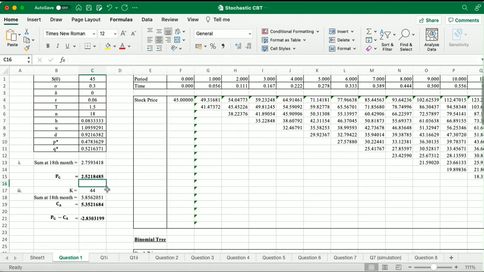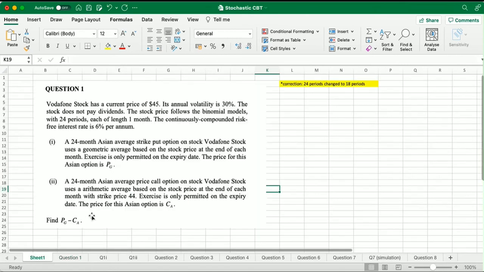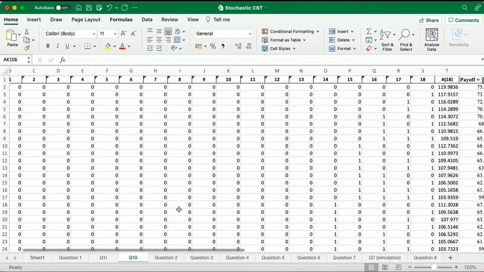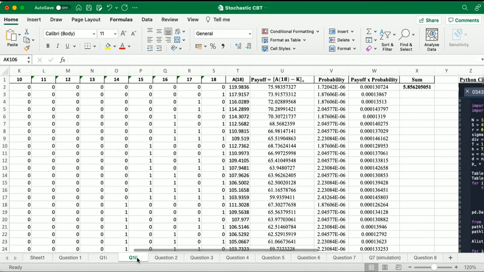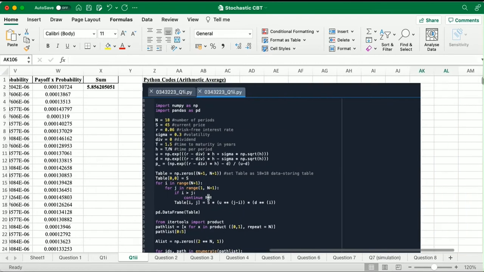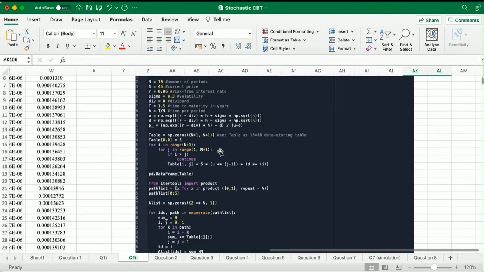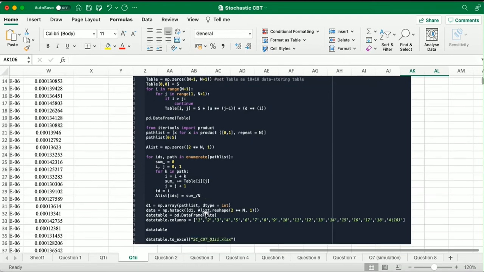And then for the second sub-question, it is an Asian average price call with a strike price of 44 using an arithmetic average. For the arithmetic average, the output from Python is copy-pasted into a new Excel sheet. The code is here. It's similar to the code for the geometric average, with slight changes in this small part where the formula is changed.